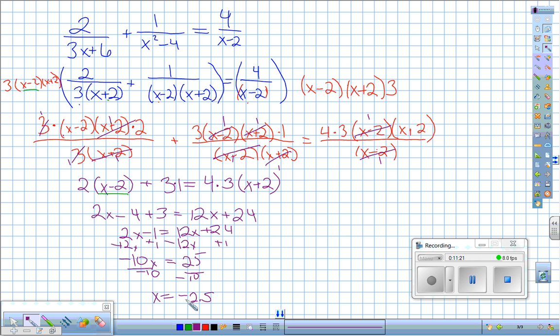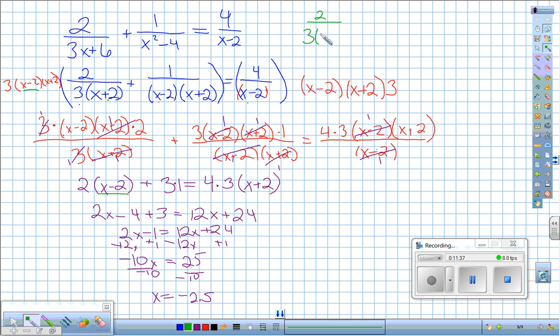And remember that I have to go back and plug stuff back into my calculator. I have to actually check those answers. So when I check those answers, I'm going to leave this here. I'm going to do all my work up here so that I don't have to scroll down.